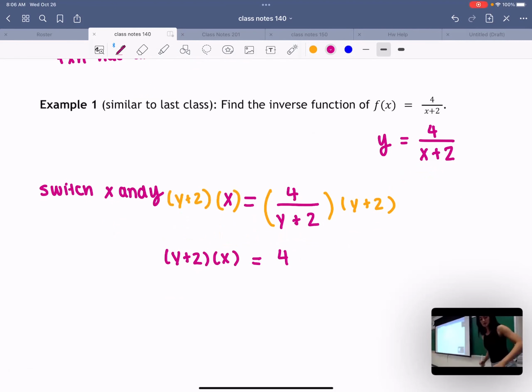Okay, any ideas on what we can do now? I could subtract an x on both sides, but it might make things a little bit more complicated because the x is actually multiplied, not added.